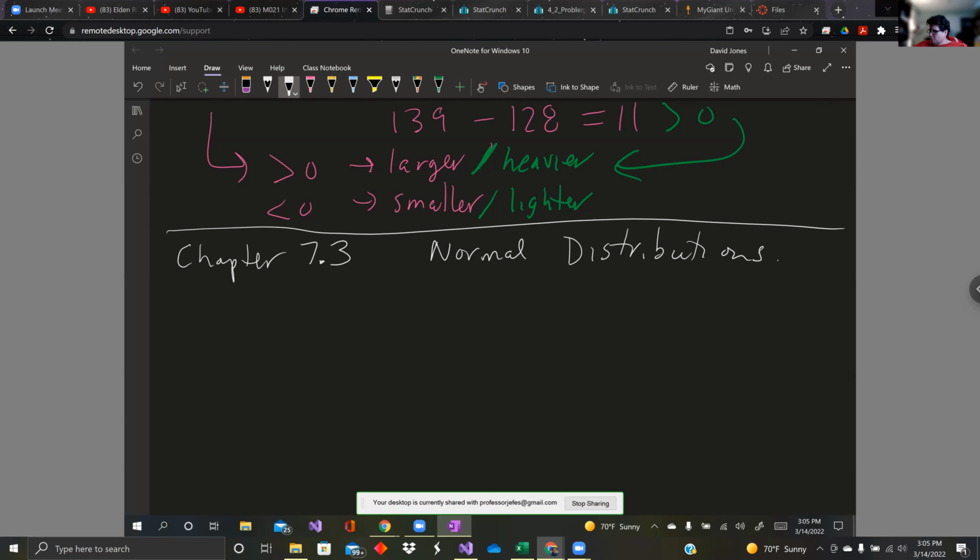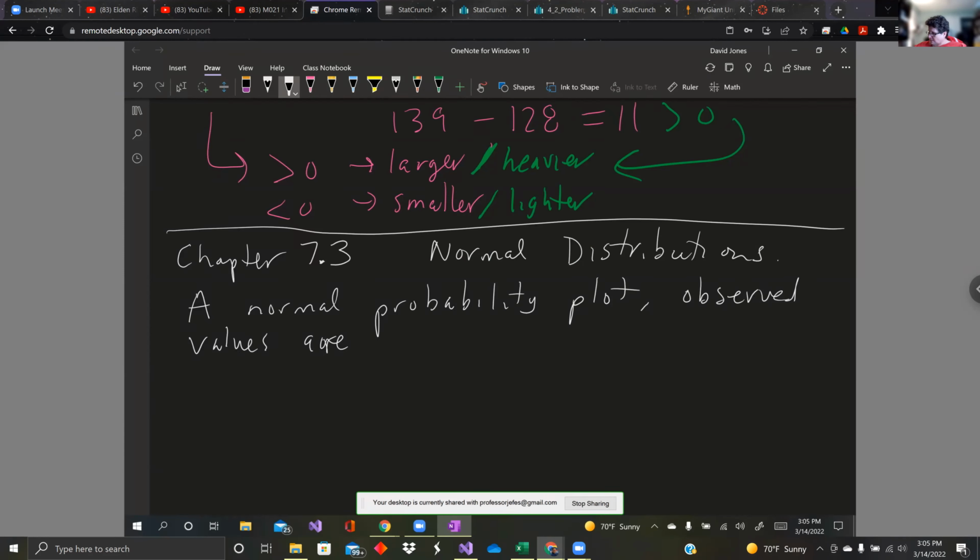When they do a normal probability plot, the observed values are the x-axis, or the horizontal left-right values.